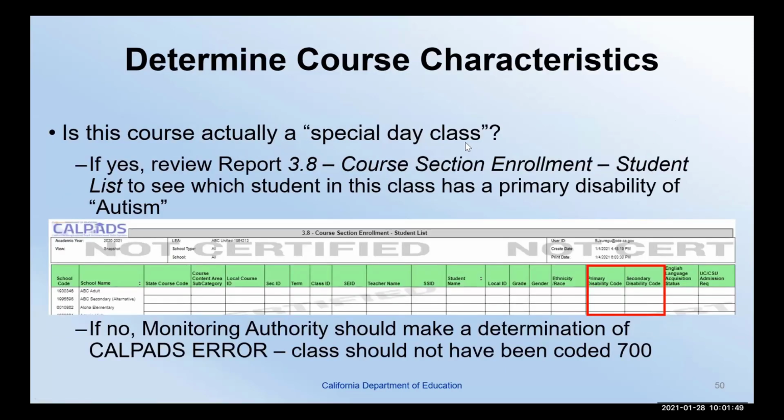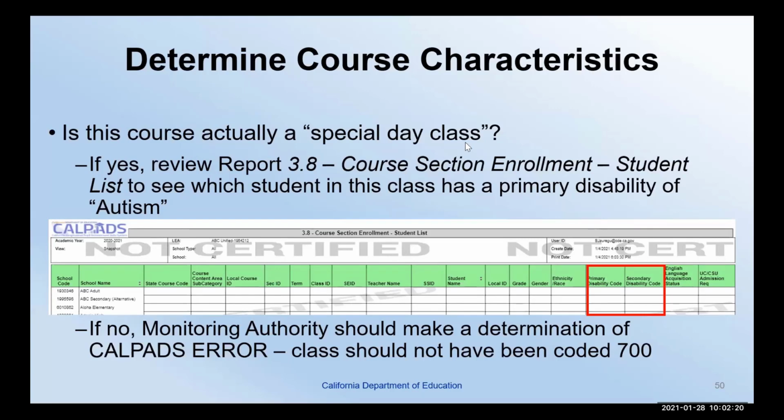Okay, so the first thing that you need to ask is, number one, is this course actually a special day class? What we found is people are using that special education instructional strategy of 700 in CalPADS incorrectly sometimes. So if it is not a special day class, where all the kids are students with disabilities and the course was specifically designed for students with disabilities, then do not use code 700 on that course.